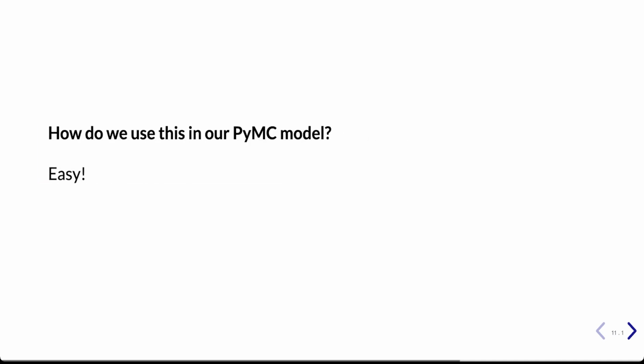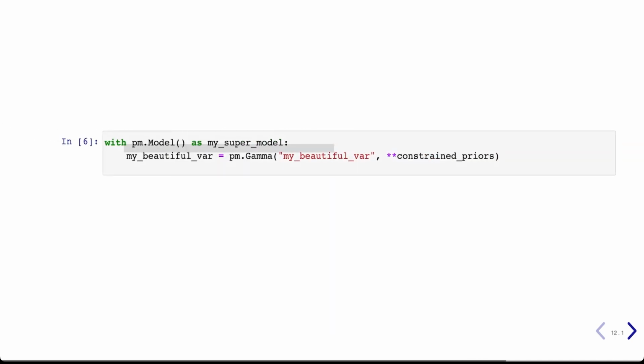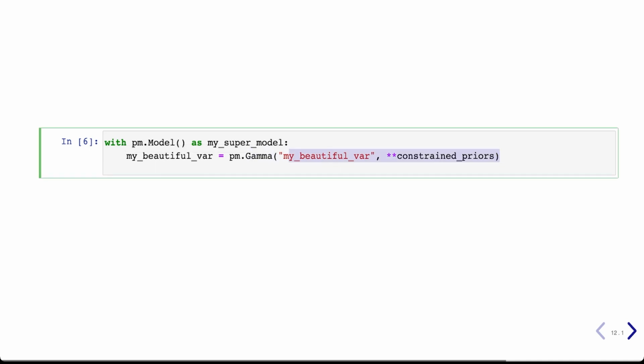Now you may have a question: well, Alex, that's all well and good, but how do we use that in our PyMC model? Well, it's very easy, because you just open a model context, that you love by now, and you have your supermodel, and in your supermodel, you have a beautiful var, which is the gamma distribution, and you just have to unpack the dictionary that you got before.